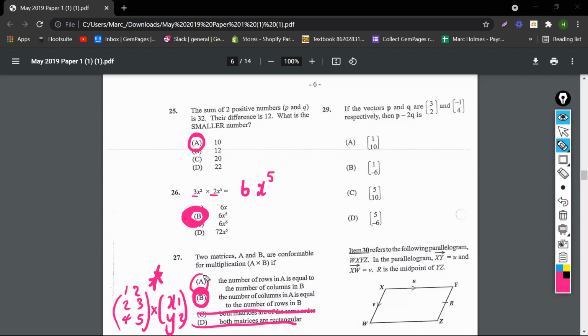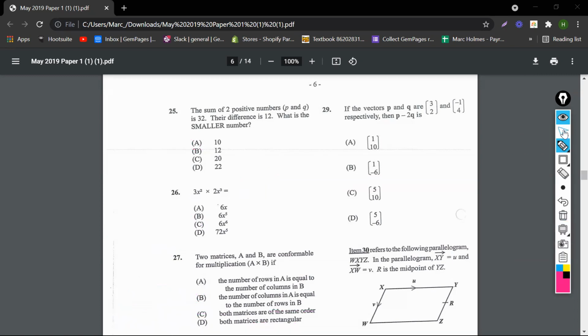A could have tricked you, but it's not A. So guys, in order to multiply two matrices, the number of columns in A must be equal to the number of rows in B. That's a rule. Cool. And please, guys, try to remember this one because it tends to repeat. Try to remember 27.